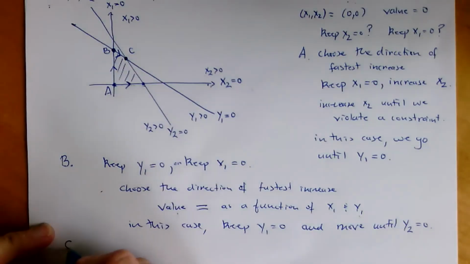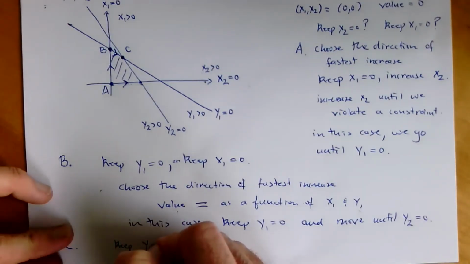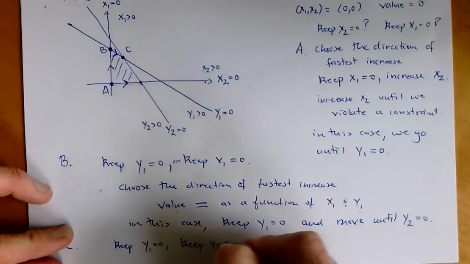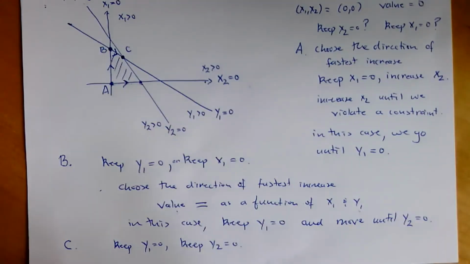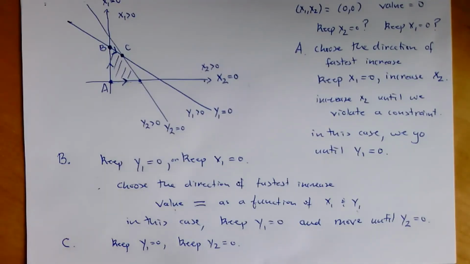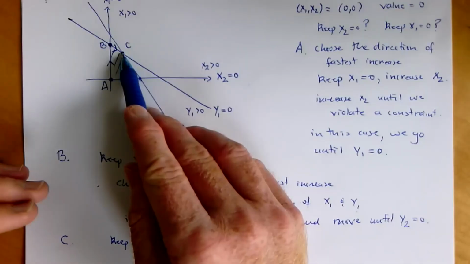At point C, we have y1 equal to 0, and we have y2 equal to 0. Now if I think about those as my coordinates, I'm going to move along one of those axes. So I'm either going to keep y1 equal to 0 or y2 equal to 0, but we can see geometrically that there's nowhere left to move.